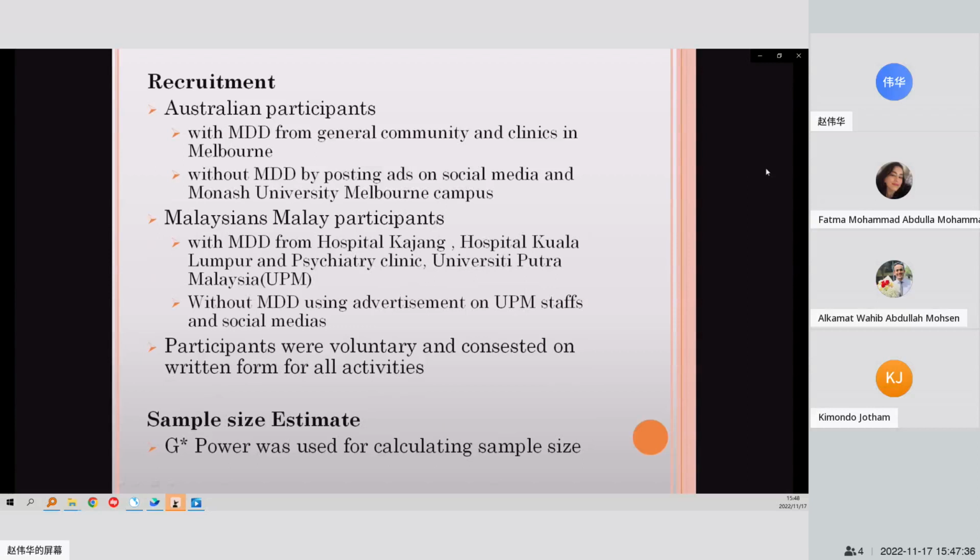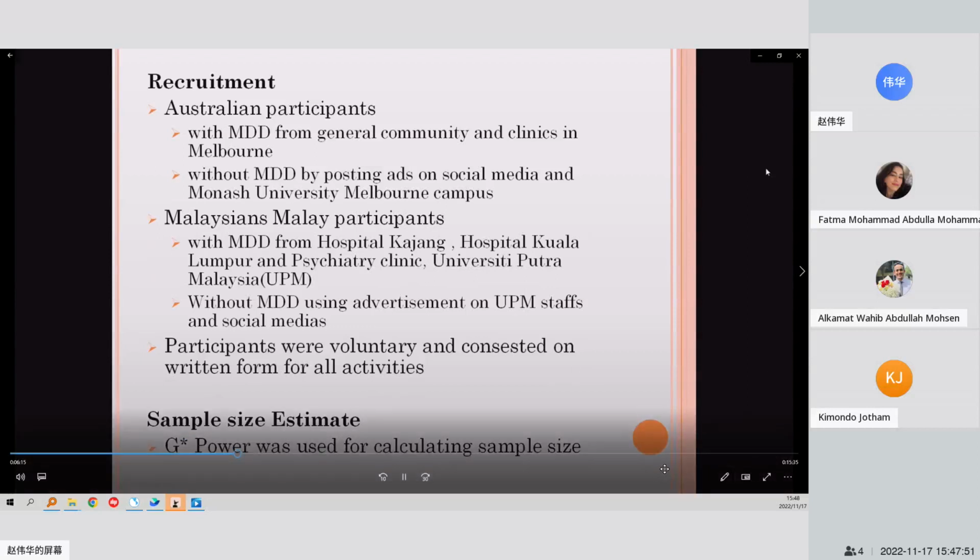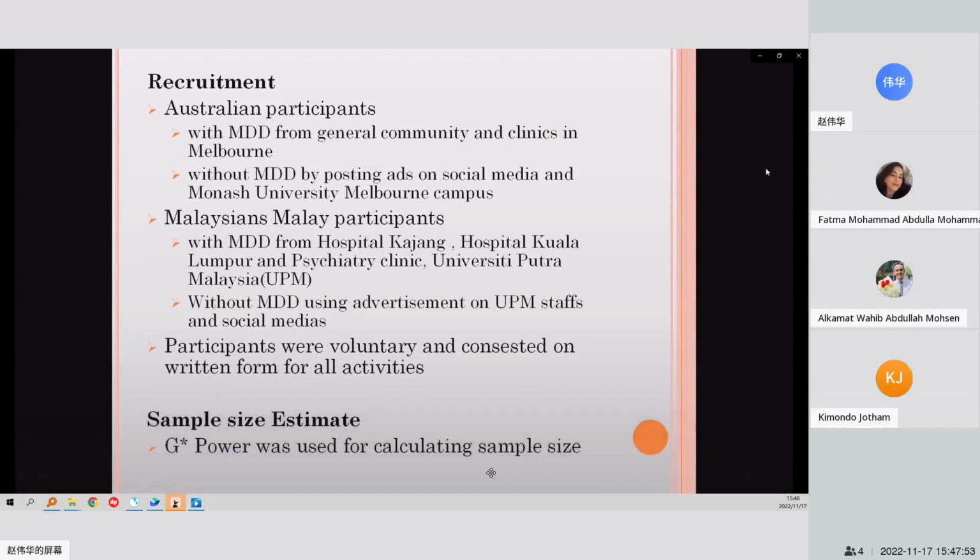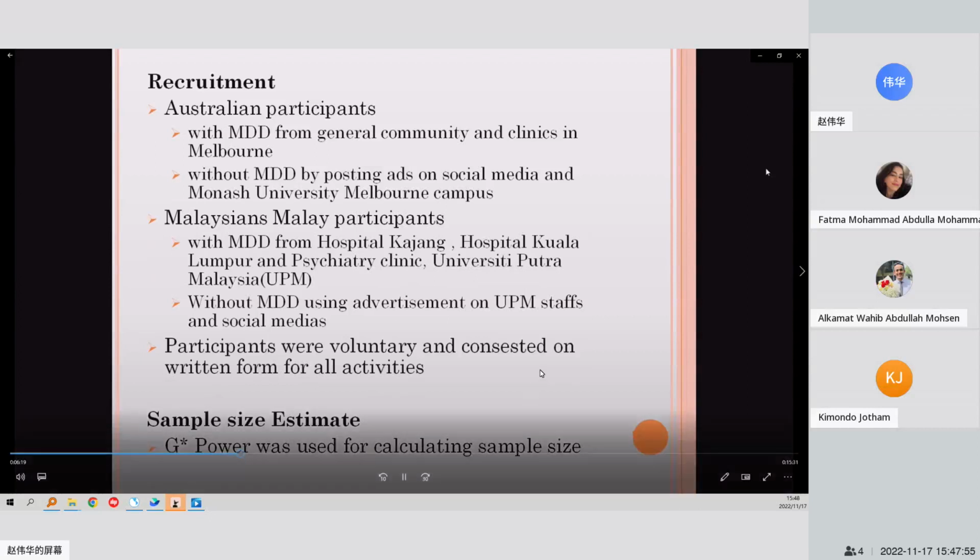For Malaysians, the participants with MDD were from Hospital Kajang, Hospital Kuala Lumpur, and the Psychiatric Clinic, Universiti Putra Malaysia. Those without MDD were recruited by advertisement to Universiti Putra Malaysia's staff and on other social media platforms.